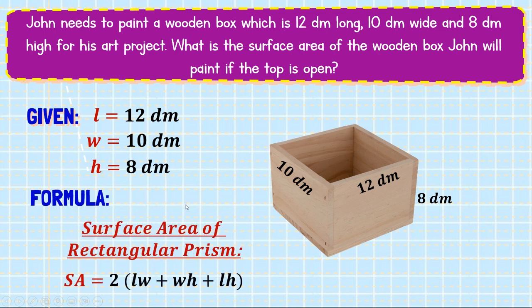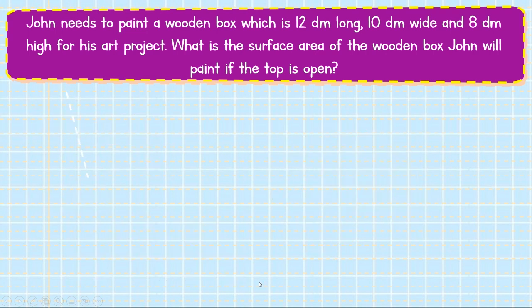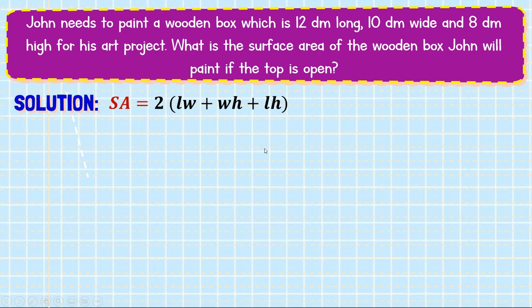Now the formula to find the surface area of the rectangular prism is surface area equals 2 times the quantity of length times width plus width times height plus length times height. Now let's substitute the given.